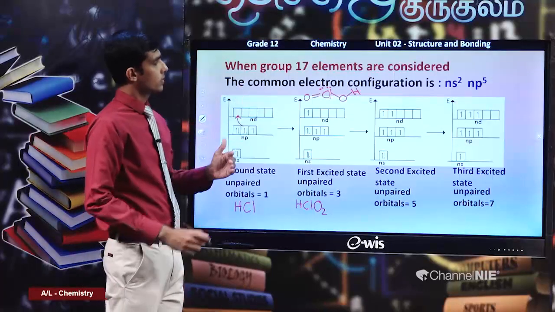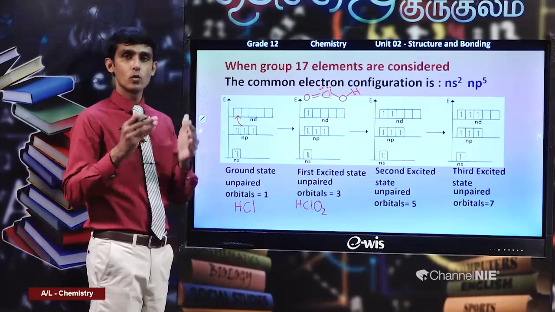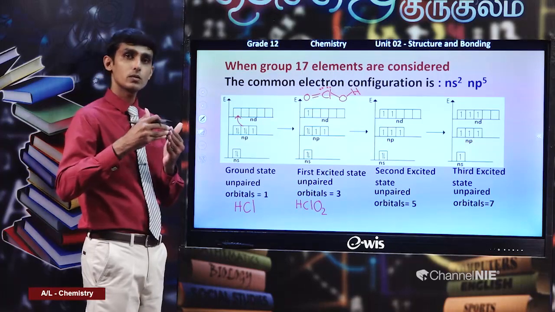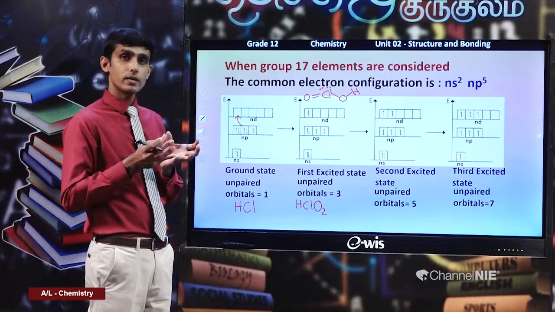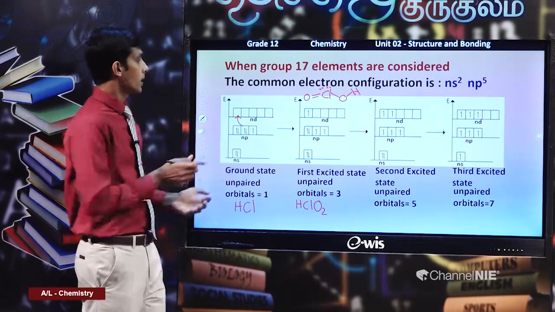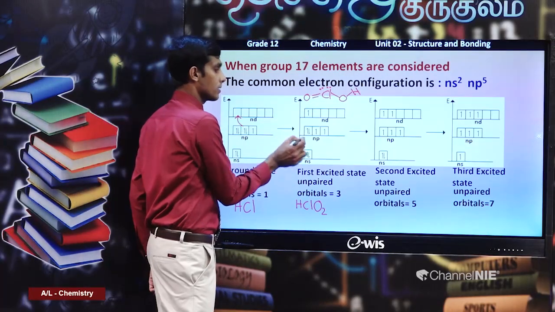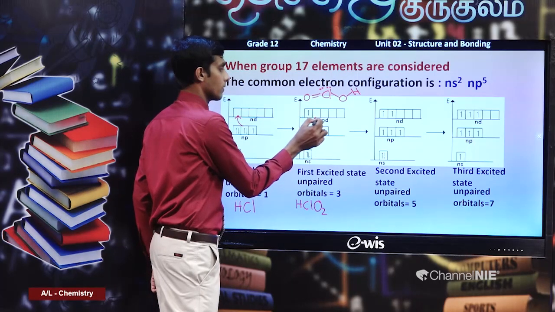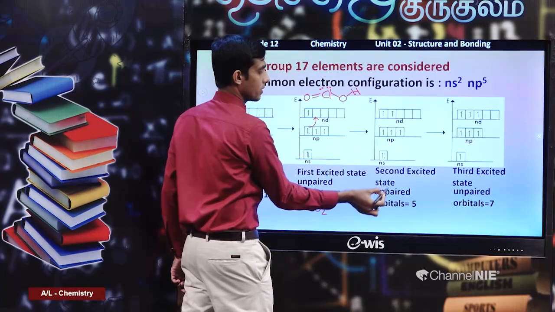We know that there are compounds formed by elements like chlorine, bromine, iodine with 5 covalent bonds also, and sometimes they can form 7 covalent bonds. So, we will try to understand how these elements can form more covalent bonds. Here you still have paired orbitals in the p and s levels. So, if another electron gets excited to the d level, you will end up with 5 unpaired orbitals.